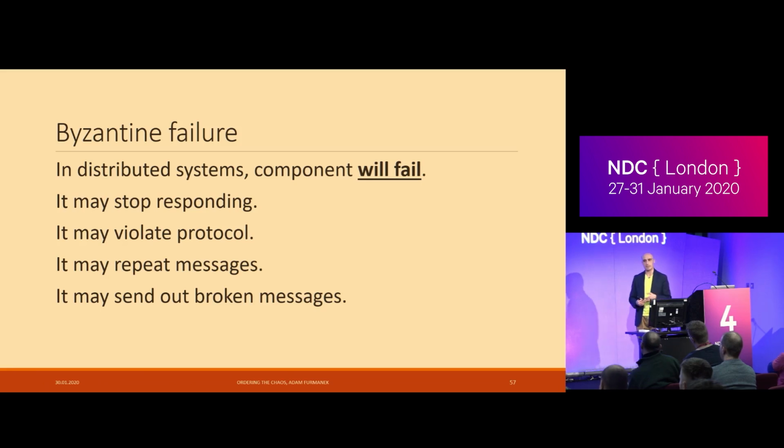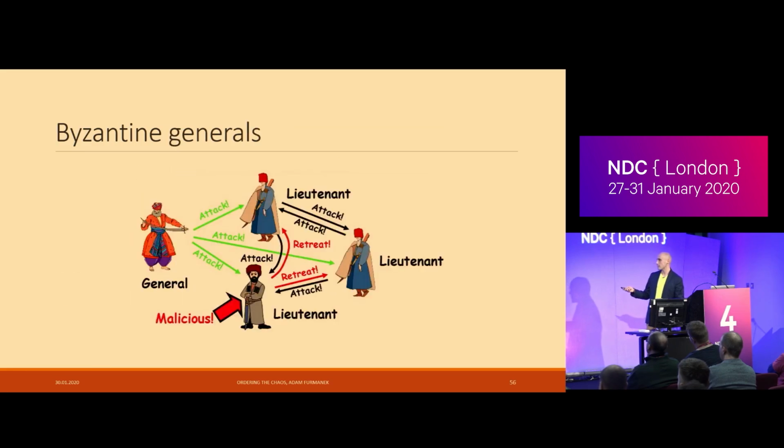The failure may be that the node just dies and never returns. It may be that it starts violating the protocol, sending messages when it's not supposed to be sending them. It may be that it's repeating the messages, or it may be sending out broken messages. Broken messages here is basically saying retreat instead of attack.